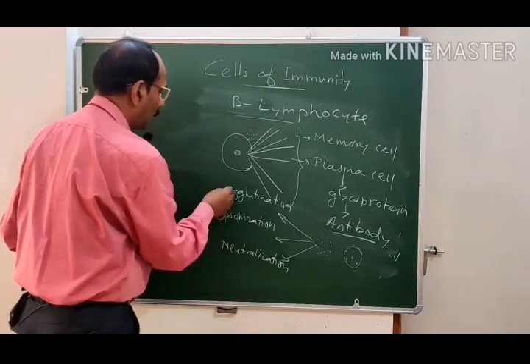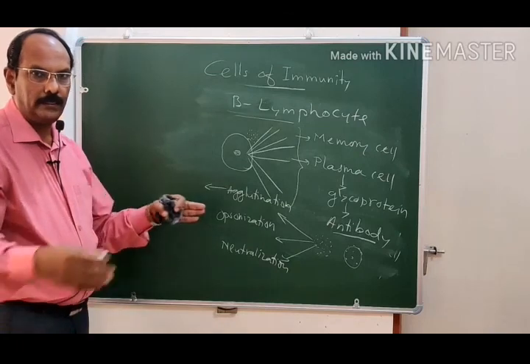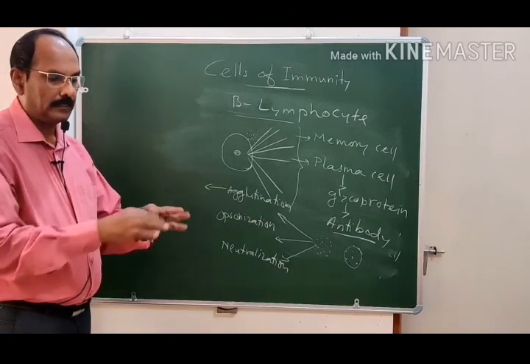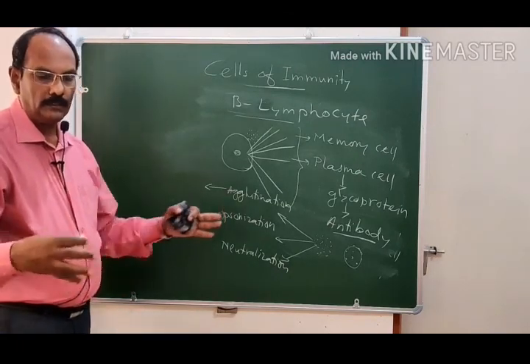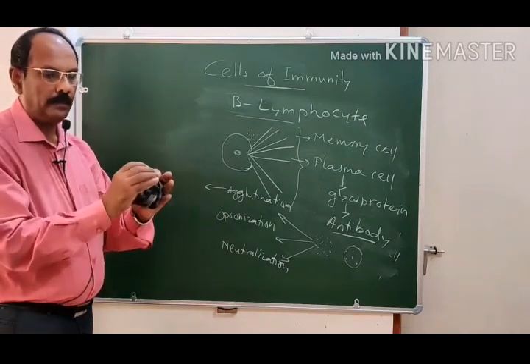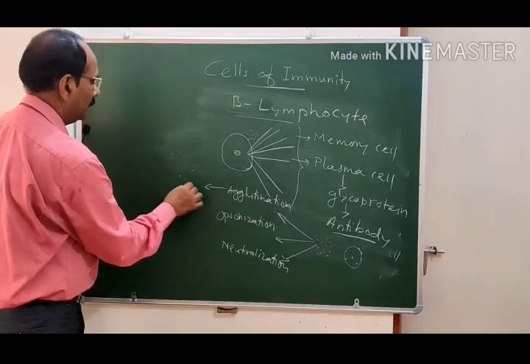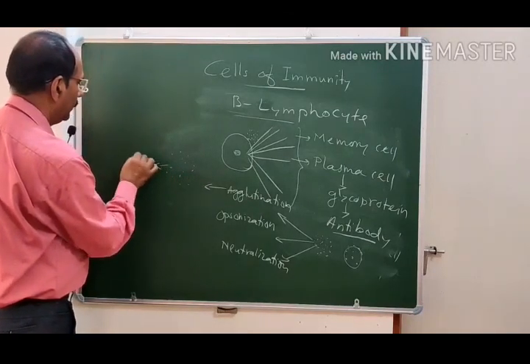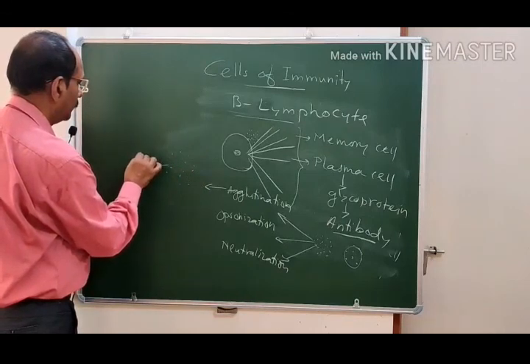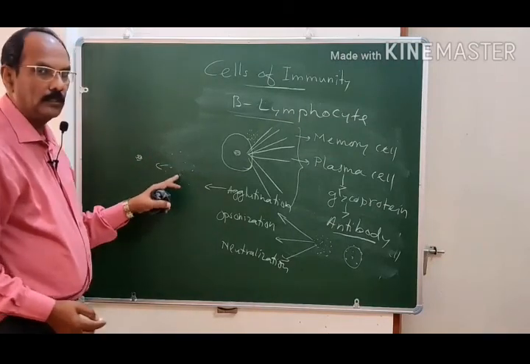So what is agglutination? Agglutination means this antibody helps to aggregate particles. When particles are distributed in the body fluid, they aggregate and form a bunch, a group of particles. When this group forms, these particles cannot do their function.